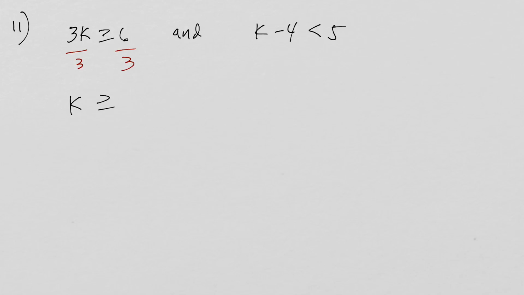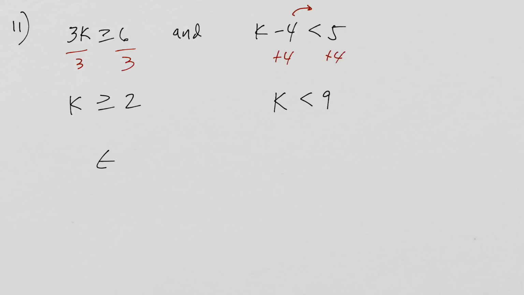Okay, number 11, we have 3k is greater than or equal to 6 and k minus 4 is less than 5. Okay, so on the first one, we're going to divide each side by 3 and we'll get k is greater than or equal to 2. And the second one, we'll move the negative 4 over by adding it, and we'll get k is less than 9.